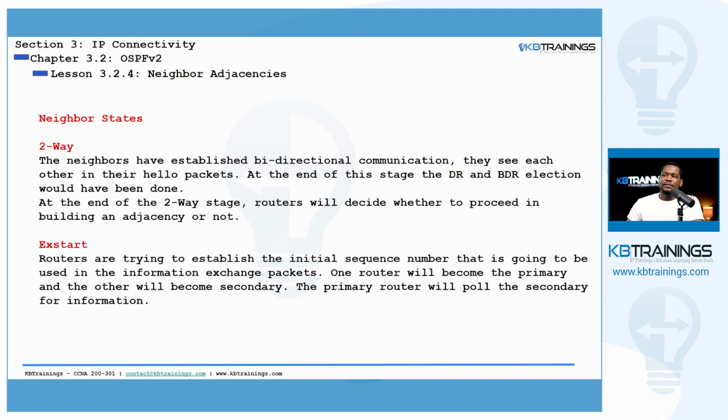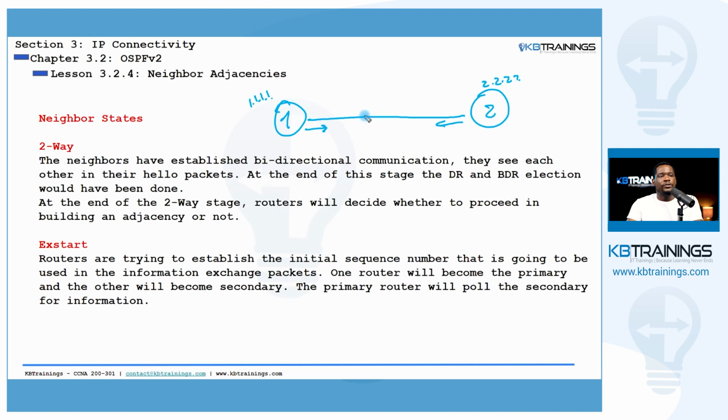The two-way state is when the routers have seen each other. So the routers can find their router ID inside each other's hello packet. Router 1, for example, has the router ID of 1.1.1.1. Router 2 is 2.2.2.2, and they are connected. They send each other hello packets.